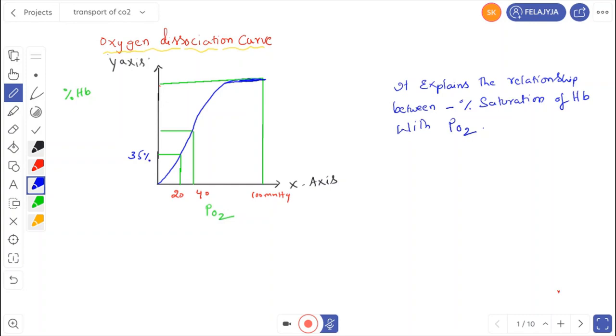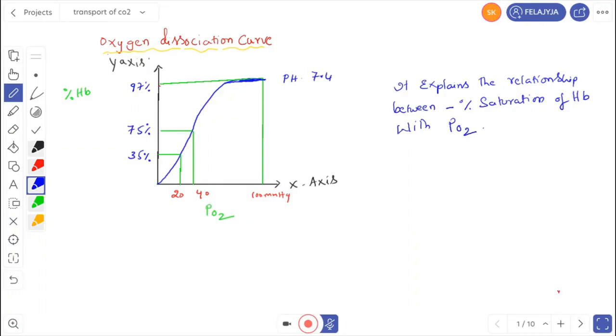It is 35%. At 40 mmHg, it is 75%. At 100 mmHg, it is 97%. So we see the normal pH of blood is 7.4. The normal pH of blood is 7.4.